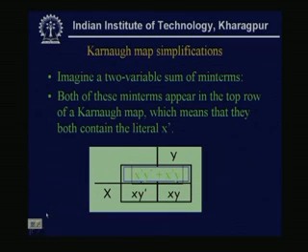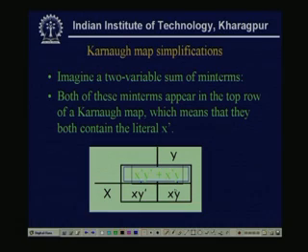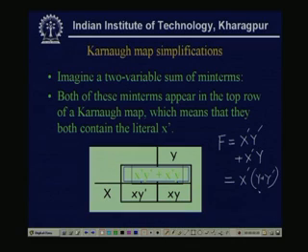Both of these min terms appear in the top position. That means if I take a function f, it becomes x dash y dash plus x dash y. If we take x dash common, then y plus y dash becomes 1, and so this becomes x dash.